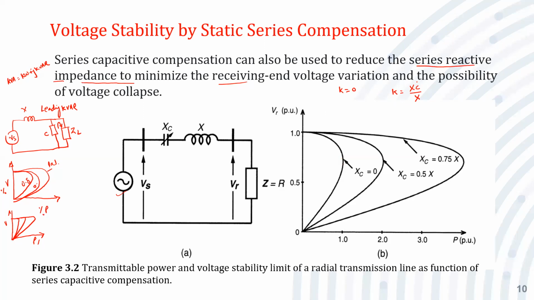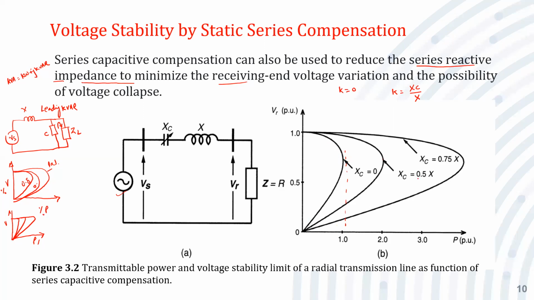So when K is equal to 0, XC is equal to 0. Without any compensation, it is going to supply near to 1 PU, the rated power, but at this rated power the voltage collapse occurs very early, isn't it?